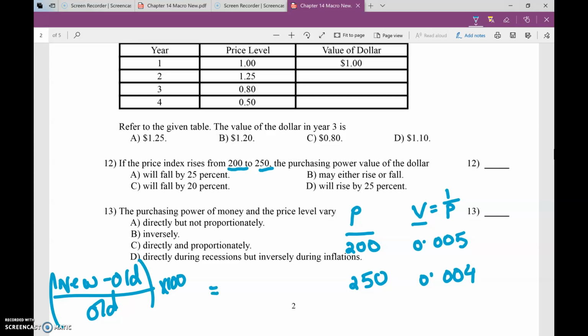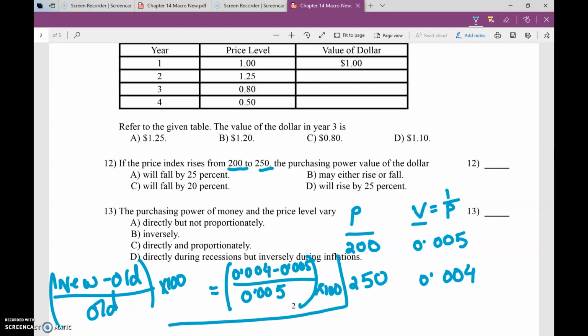So this is equal to 0.004 minus 0.005 over 0.005 times 100. And we have our result as negative 20%. So it's going to fall by 20%.